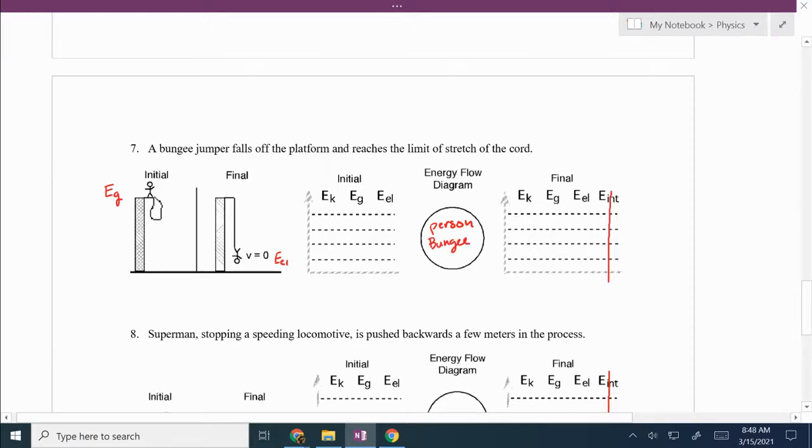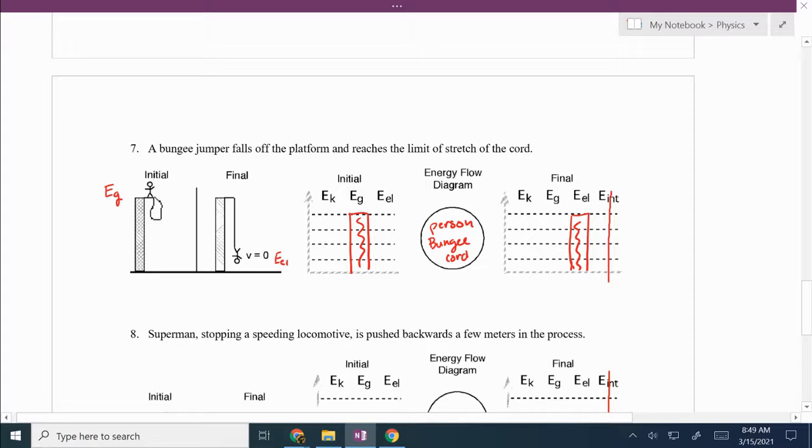Bungee cord, I guess. So there we go. We're going to start out with gravitational energy, and then we'll end up with elastic energy. If you wanted to have some energy lost to air resistance, or energy lost to stretching, you could do that.